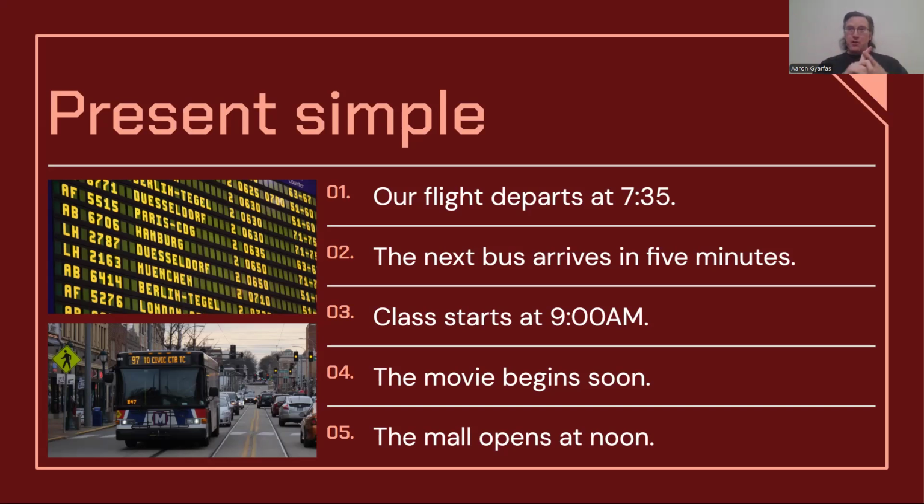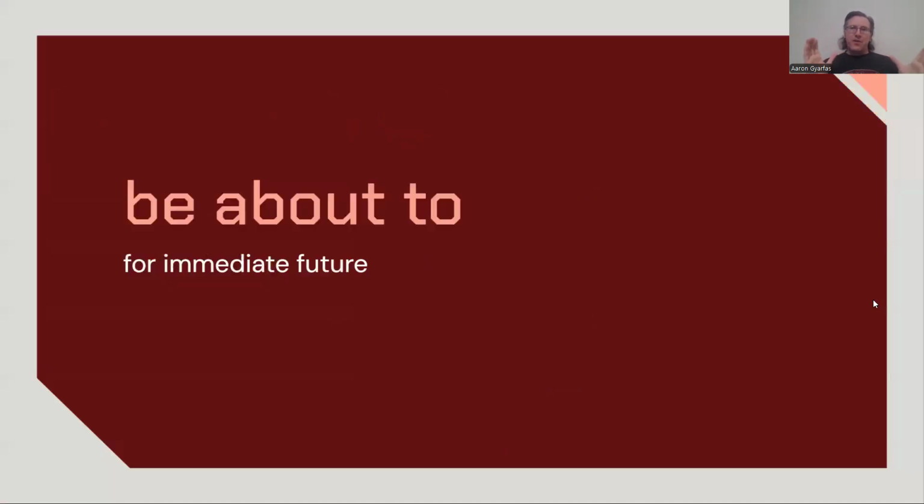So think about airplanes, buses, trains, the subway, classes, your job. You start your shift at this time and it ends at this time. A movie at the movie theater, or a business opens and closes at a certain time. We use present simple.